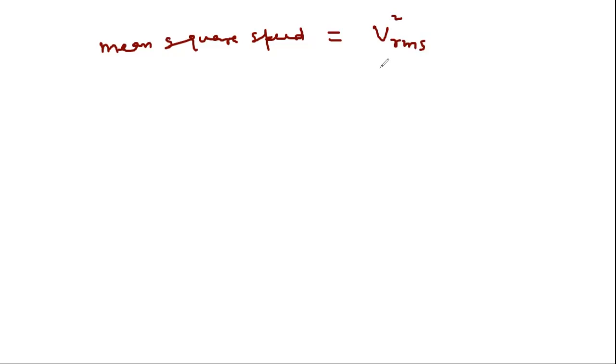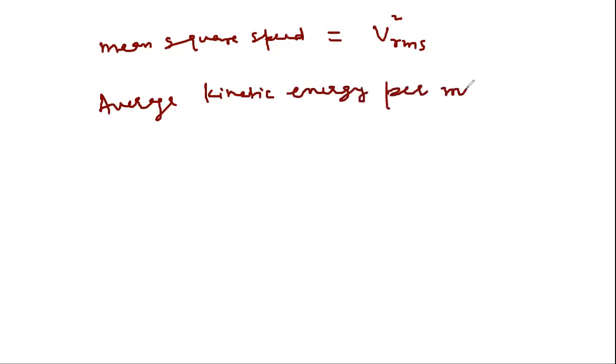So this mean square speed has a particular significance to the thermal properties of a gas, since it proves that the average kinetic energy per molecule, which I denote by epsilon bar, is m by 2 V_RMS square, right?